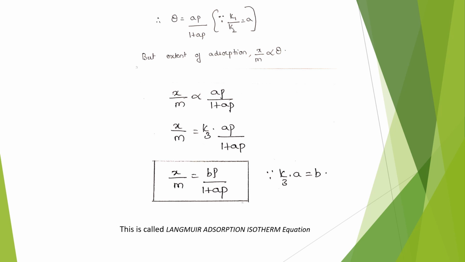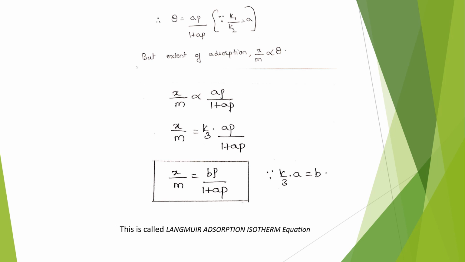So, extent of adsorption is proportional to theta. Why is it proportional to theta? What is theta? Theta is nothing but the fraction of the surface covered by the adsorbed molecules. So how much amount of surface is covered? From that only we can know extent of adsorption.